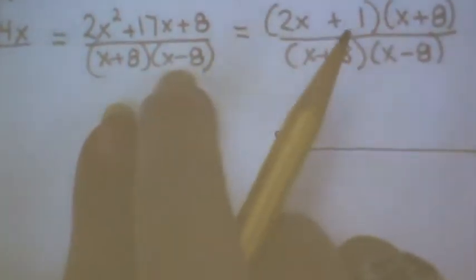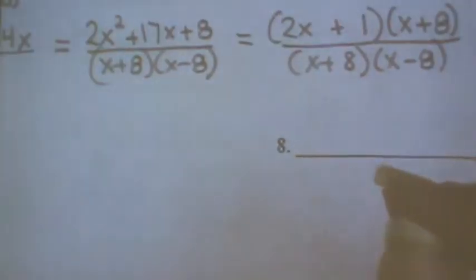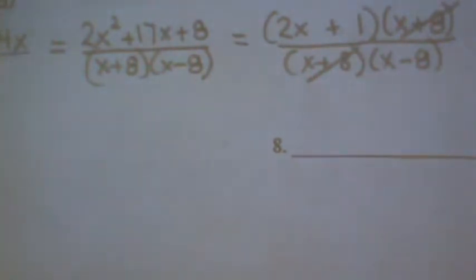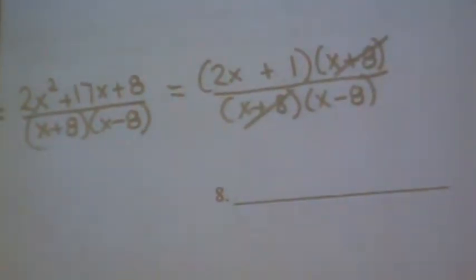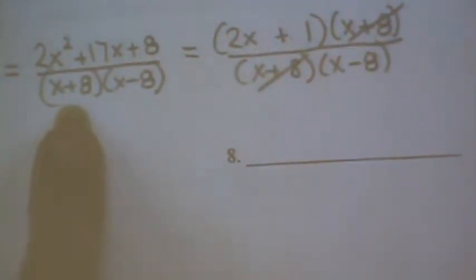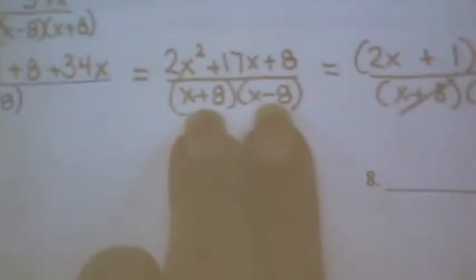You should check to see, one of these factors in the bottom might be one of the products. Then you can cancel those. So your final answer is 2x plus 1 over x minus 8. If I asked you to state the restrictions on this, what are the restrictions? Plus or minus 8. x cannot be plus or minus 8.